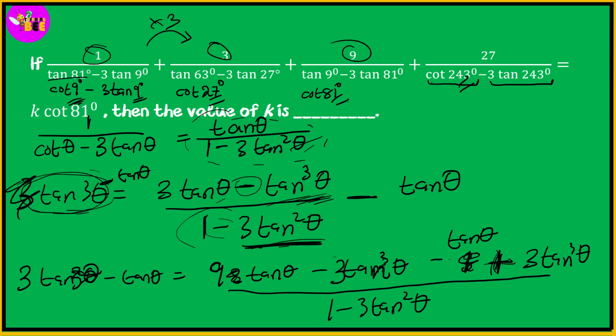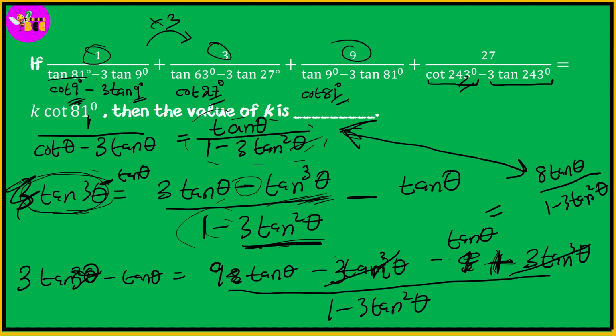Now, here we can cancel out both the tan cube theta terms and we get 9 tan theta minus tan theta divided by 1 minus 3 tan square theta, which is equal to 8 tan theta divided by 1 minus 3 tan square theta. Now, if we compare it to the expression we require, that is basically 8 times the expression.